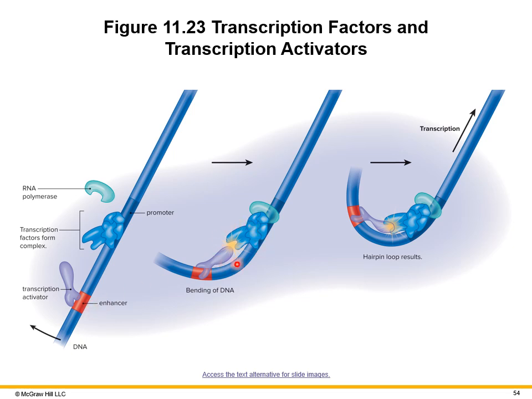The transcription factors help RNA polymerase to bind to the promoter. And once it does, the transcription factors form a complex and also bend the DNA, causing a hairpin loop to result, which is going to allow the initiation of transcription.